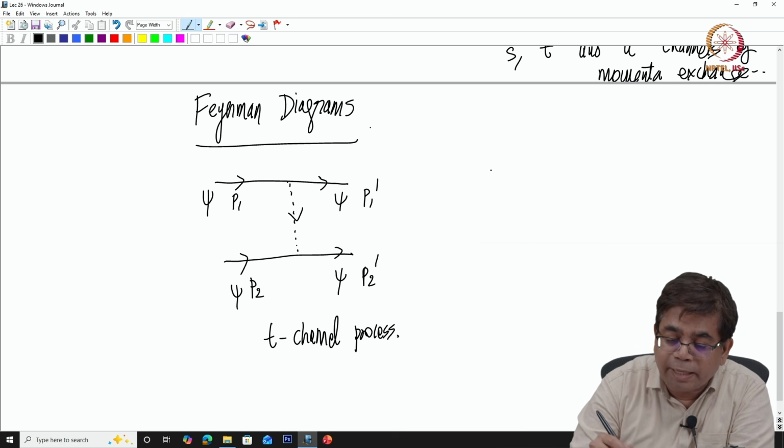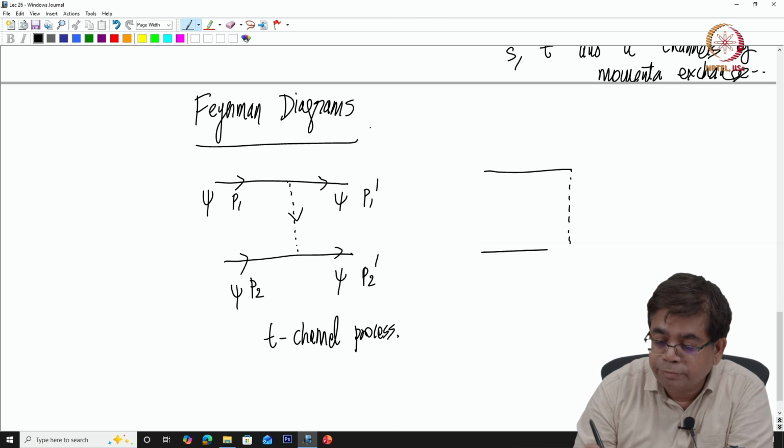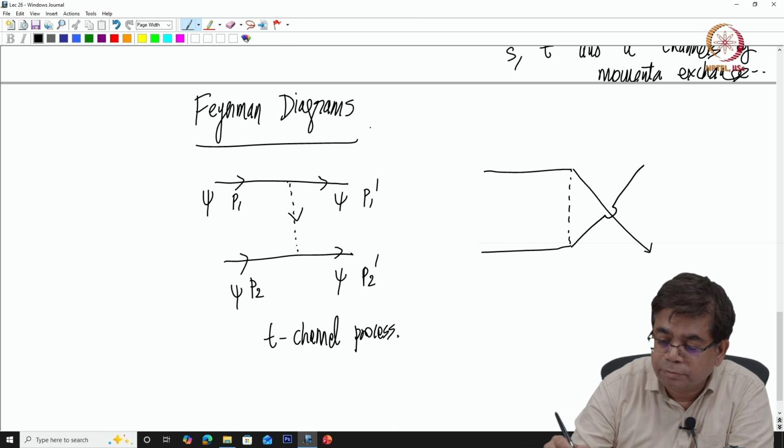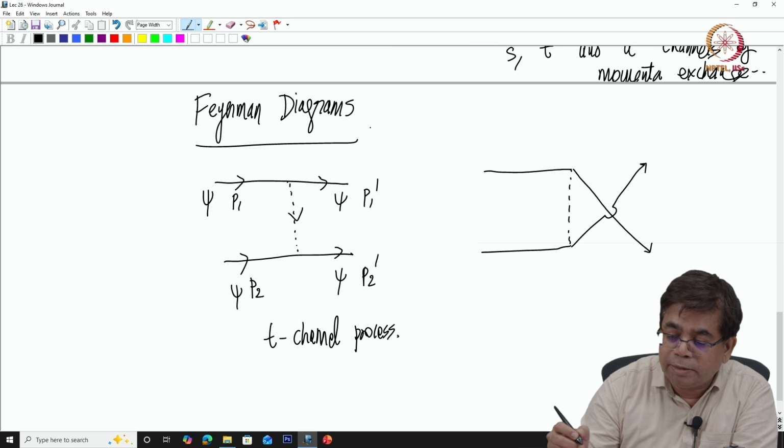There is also another diagram in which the outgoing momenta can be exchanged essentially. Okay. So you can have the same thing essentially.